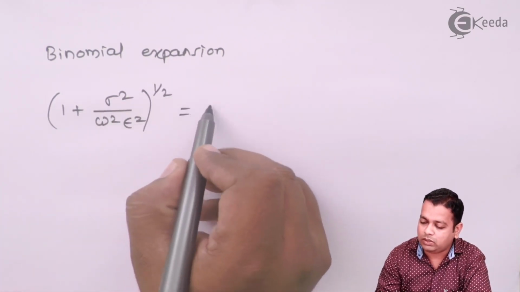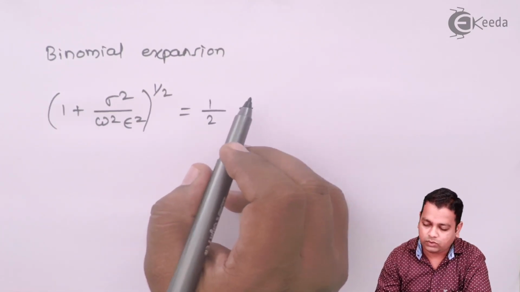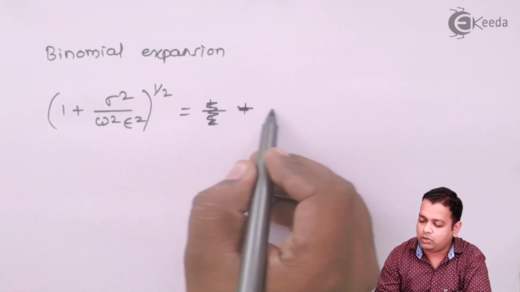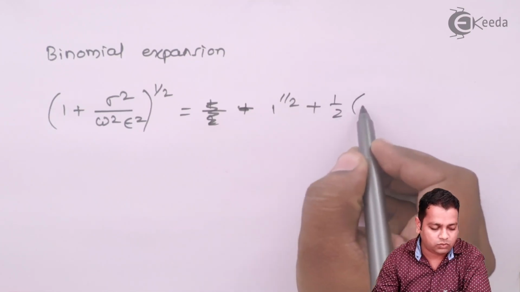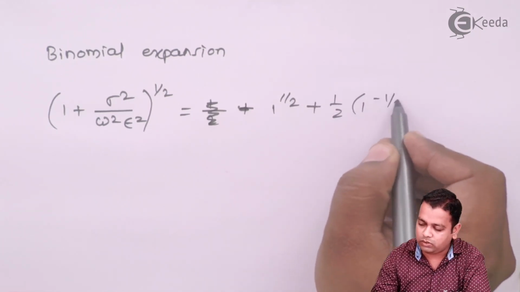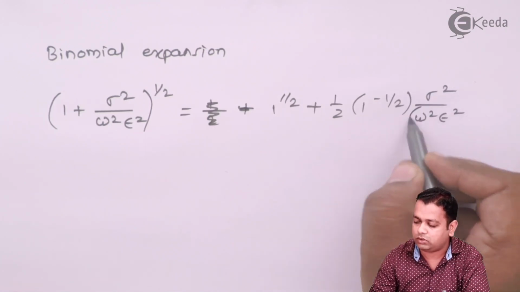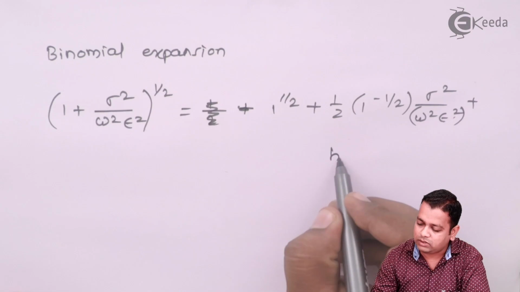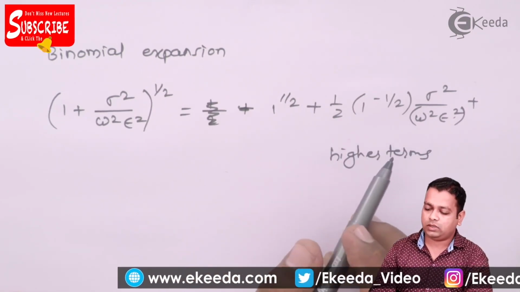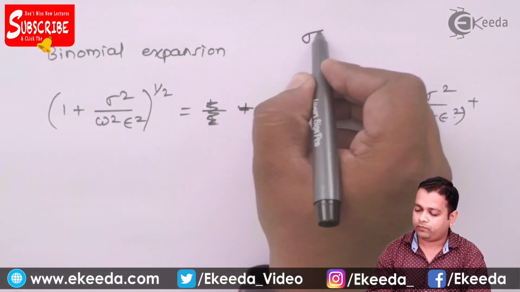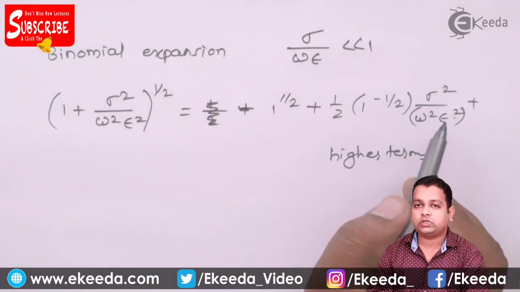So according to the binomial expansion, it is 1 to the power 1 by 2, plus 1 by 2 into 1 to the power minus 1 by 2 into sigma square over omega square epsilon square in the denominator, plus some higher terms. Already we have selected sigma upon omega epsilon very much less than 1. In the second term we have the square of that one.